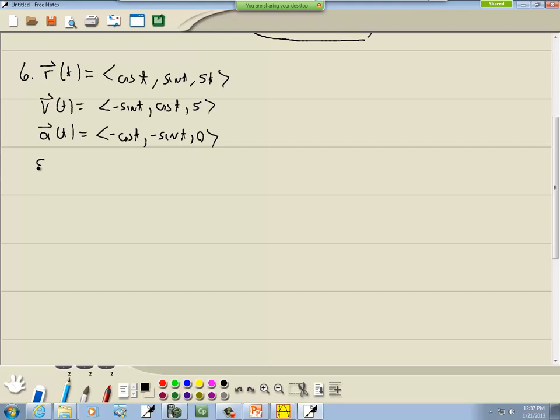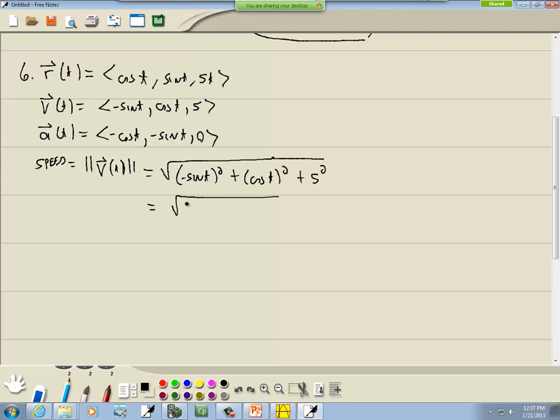Now for our speed, be the magnitude of v, which gives us square root of negative sine t squared plus cosine t squared plus 5 squared. Which gives us, when you square a negative, becomes positive.